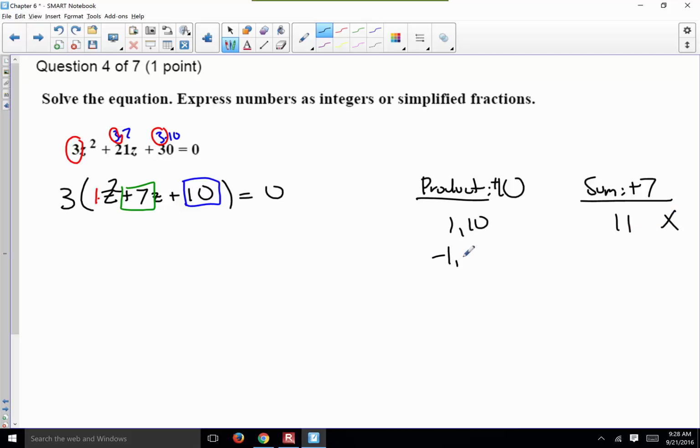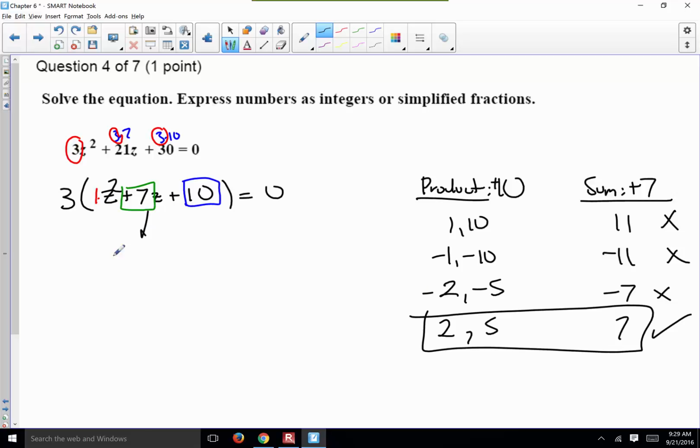Is it -1, -10? Flip the signs immediately if the pair is not working. Now it's not working. I can't get it. Somebody? 2 and 5. -2, -5? No, it's -7. It's +2, +5. Good.